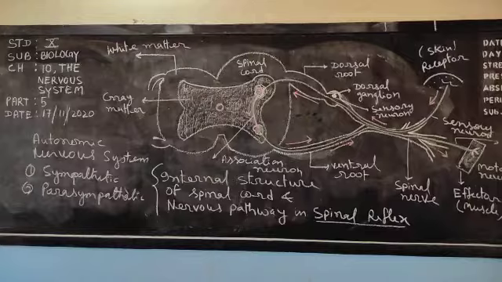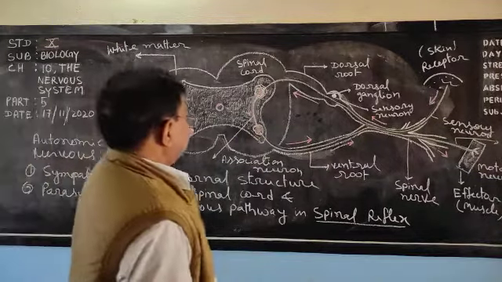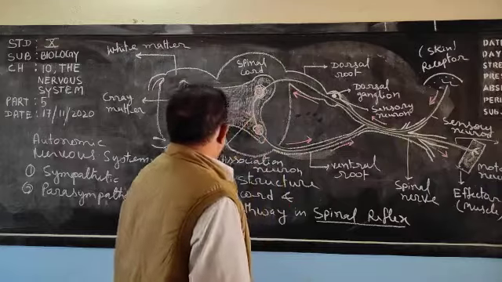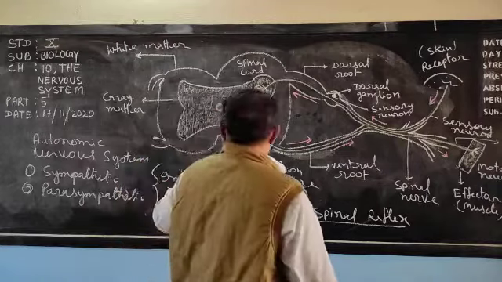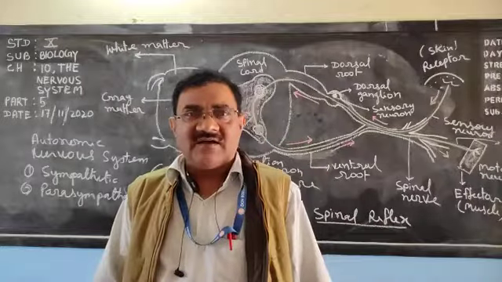So what we have discussed: the peripheral nervous system is of two types, that is somatic and autonomic.